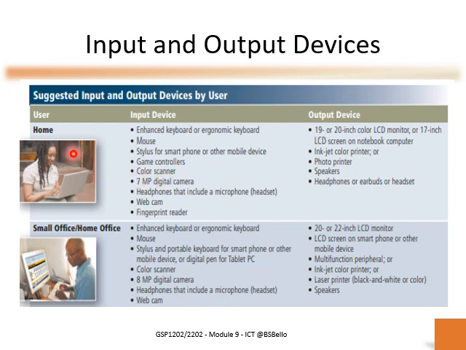For example, a home user may need a keyboard as an input device, and a mouse, and also a web camera, headphones. In terms of the output, he may need a screen of size 19-inch or 17-inch, and also a speaker.